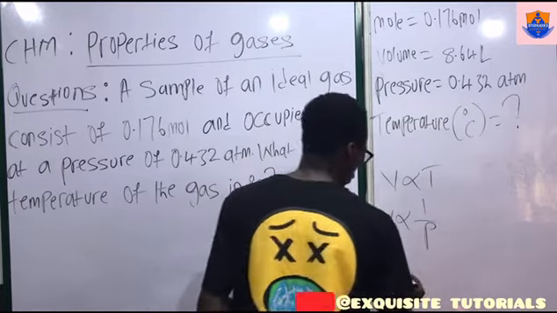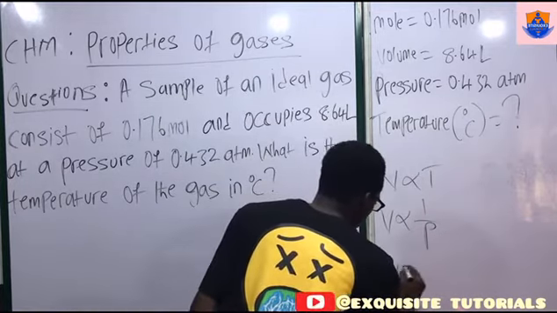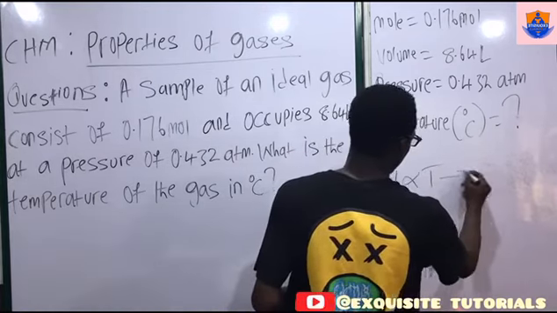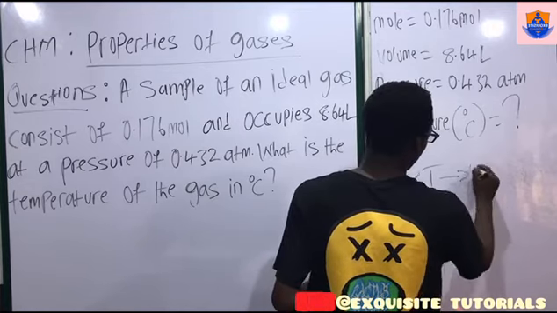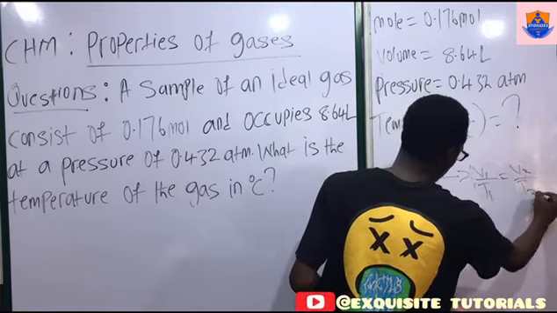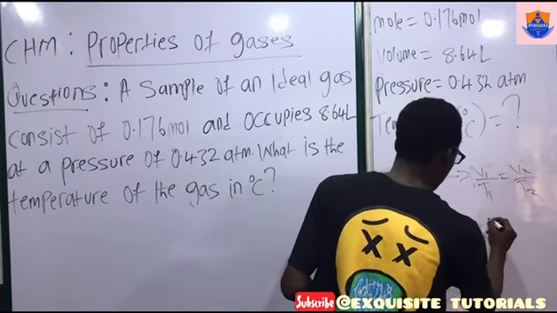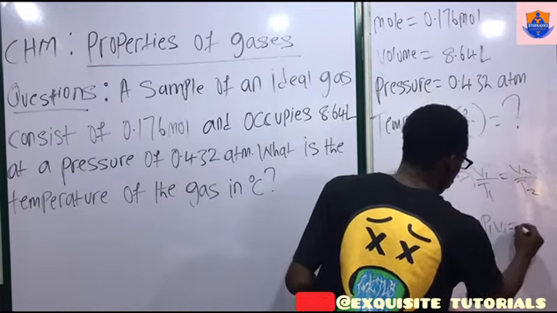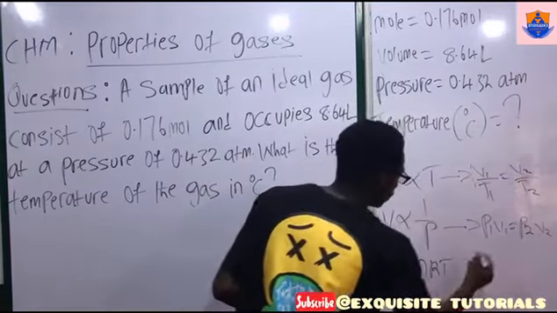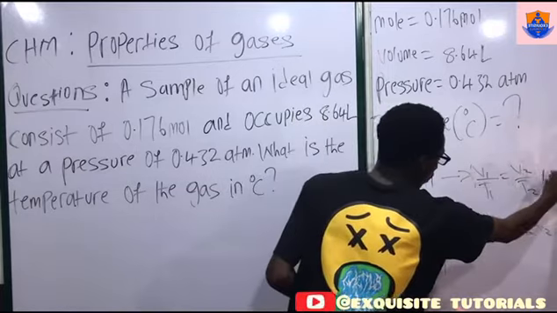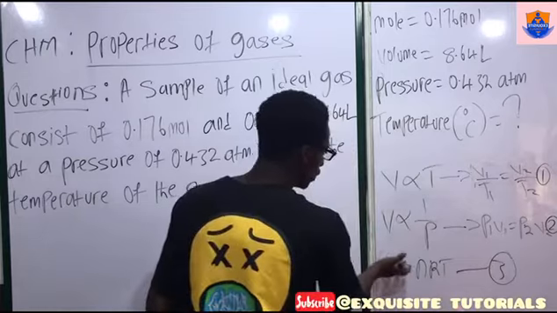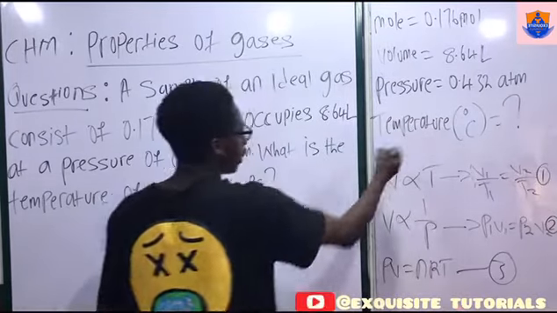Then for the ideal gas law, we have PV equals nRT. So from here we have V1 over T1 equals V2 over T2, then P1V1 equals P2V2. Take a look at the first, the second, and the third. Which of these relates to the parameters we have here?